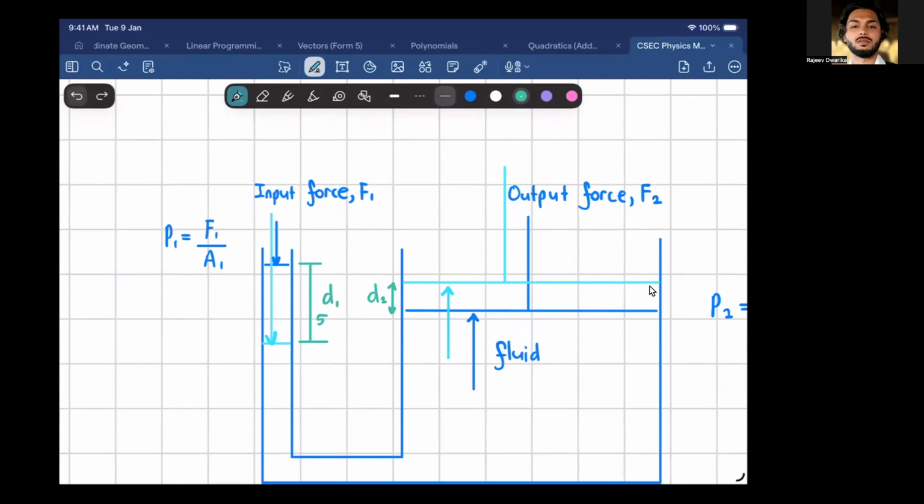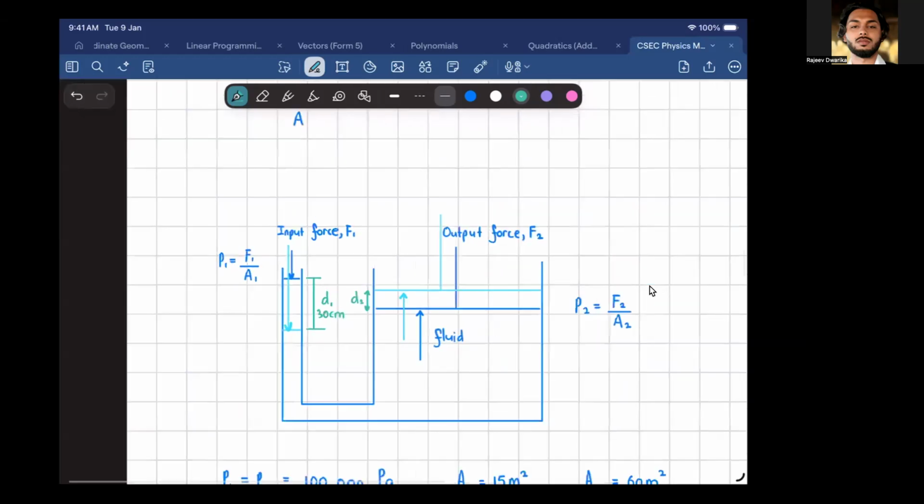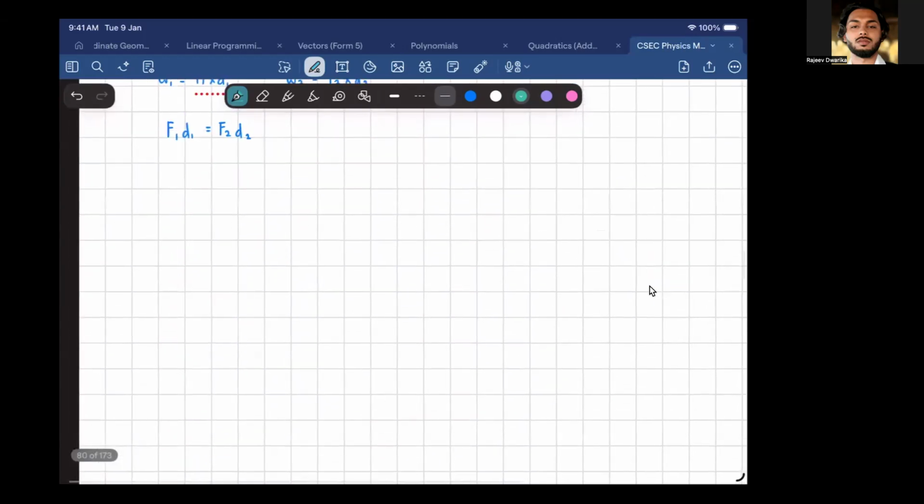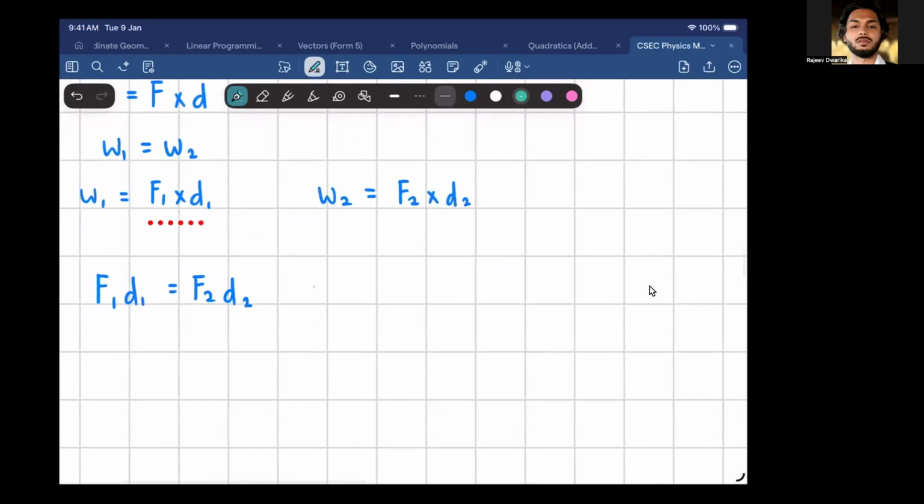No, that's too little. What about 30 centimeters? All right, 30 centimeters. So I'm telling you that D1 is 30 centimeters.